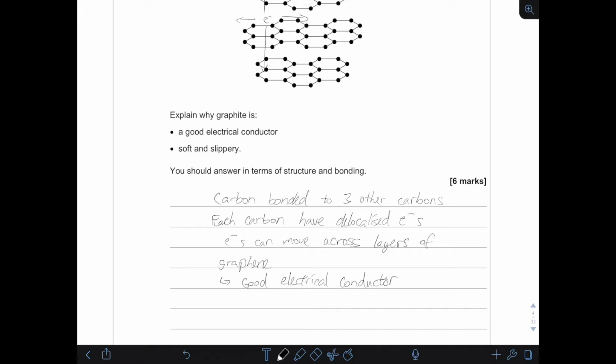Essentially, you have each carbon bonded to 3 other carbons, and therefore they have 1 electron pair of free electrons that can be delocalized and can move across the different layers of graphene, and hence it is a good electrical conductor. That's 3 marks. Soft and slippery is less a property of electrons but to the actual structure.